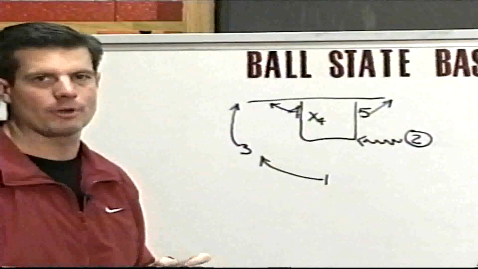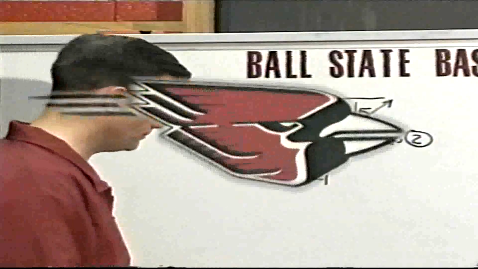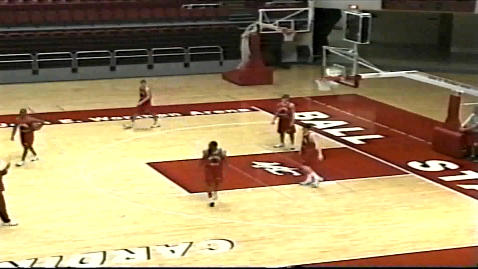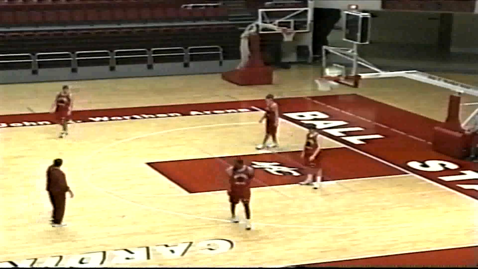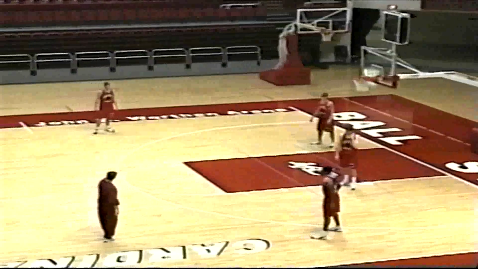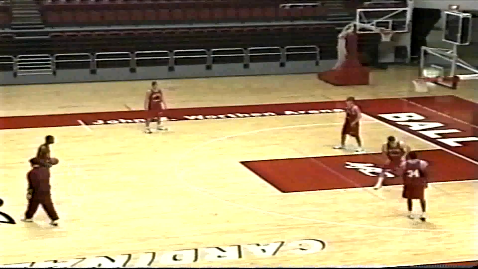He can drop it off to 4 for the jump shot or for the pivot and the dunk. Mark, you're going to drive the ball at the elbow, short corner, move on penetration. We're going to kick it to our point guard, and he's going to make the extra pass to our small forward, the 3-man, for the jump shot.